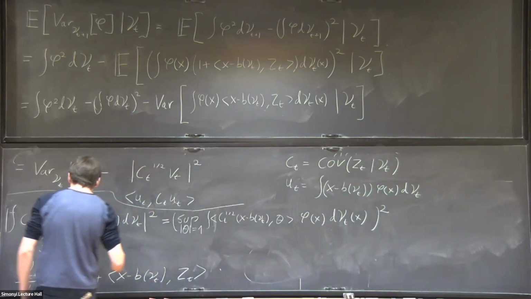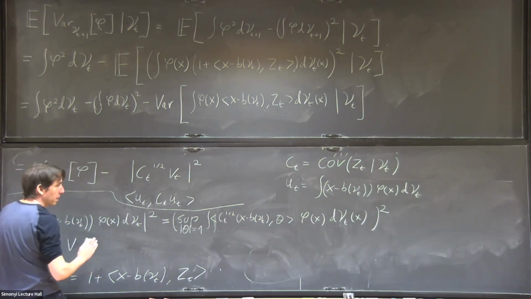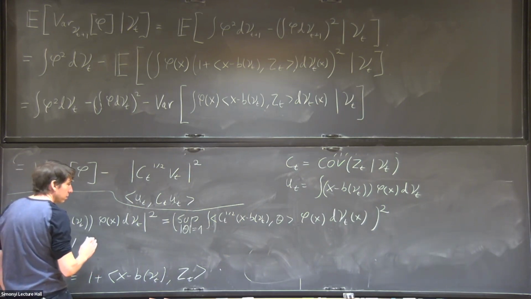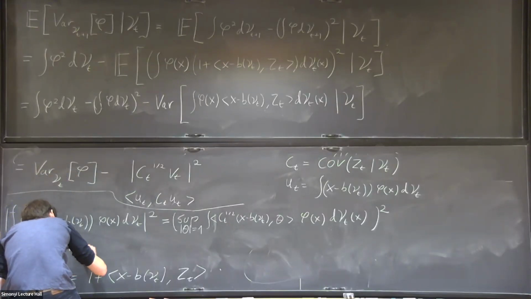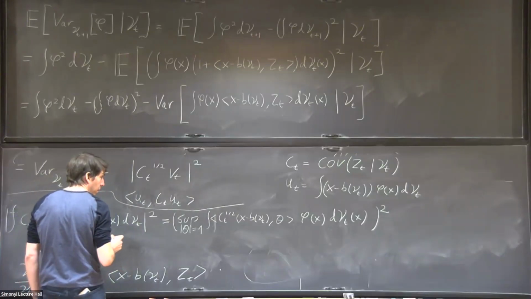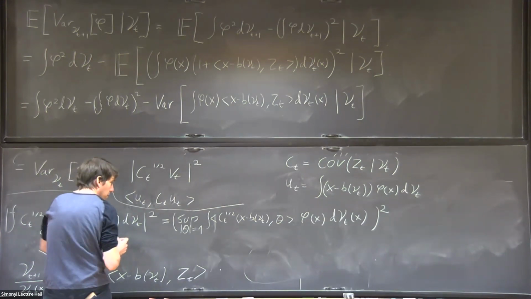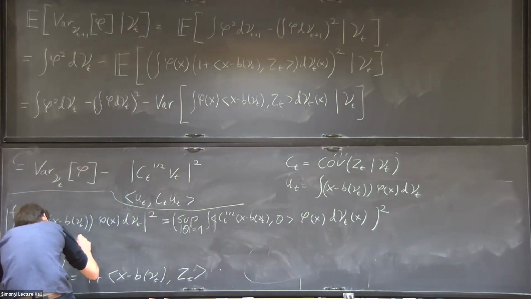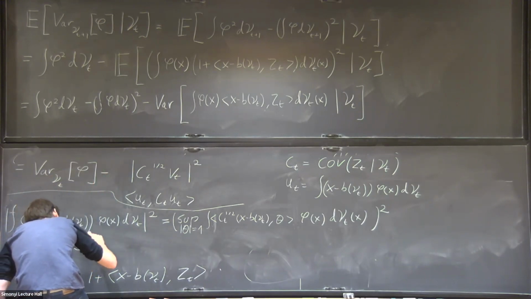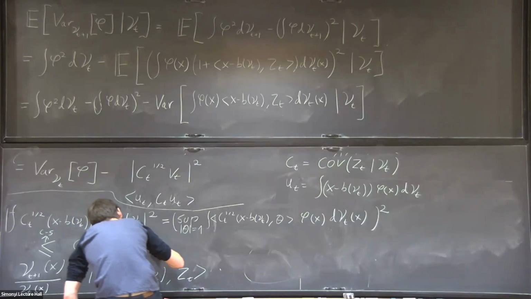So it's less than the variance of, or what's the compact way to write it? Maybe let me just write it like this: ct to the 1/2, the covariance matrix of mu t, ct to the 1/2.